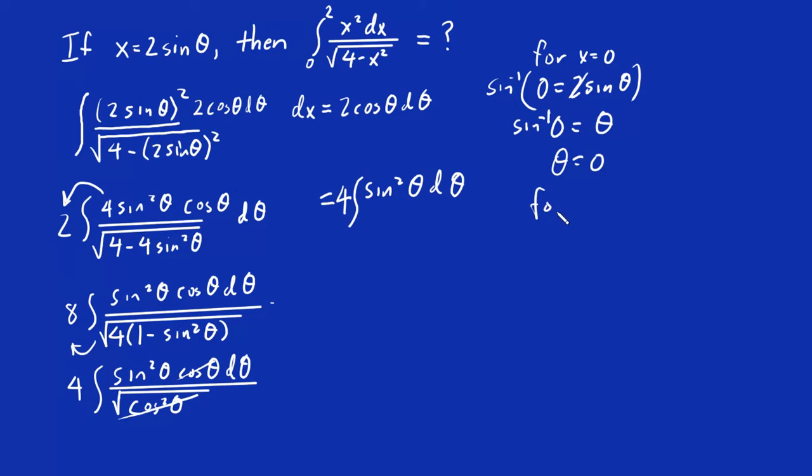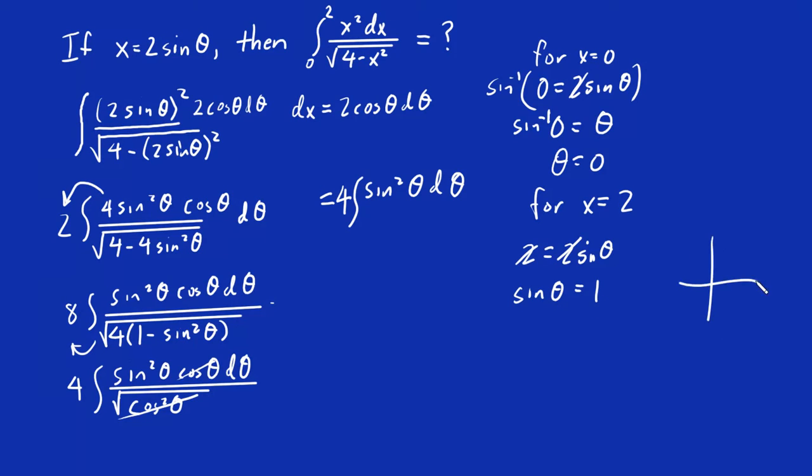And then for x is equal to 2, we do the same thing and just plug it in. 2 is equal to 2 sine theta. These two cross off, and we're left with sine of theta is equal to 1. Again, we can take the inverse sine, but we can just ask, for what angle theta do we have 1?